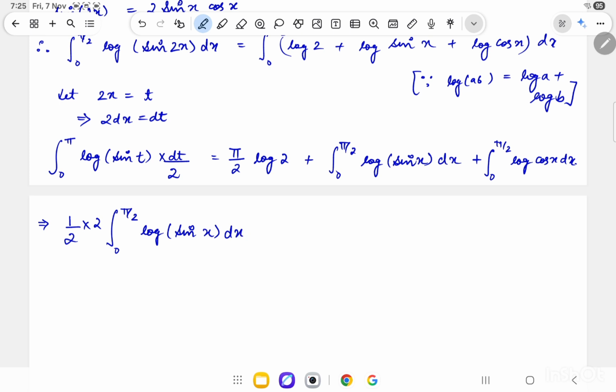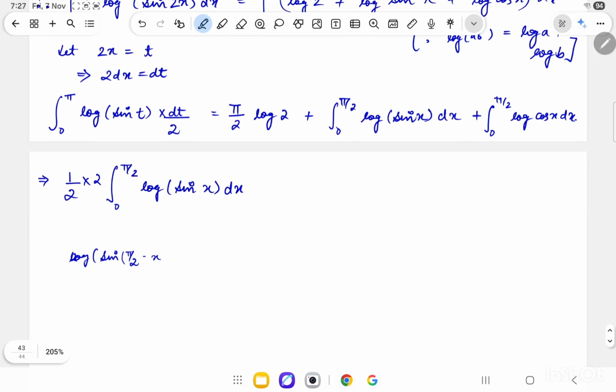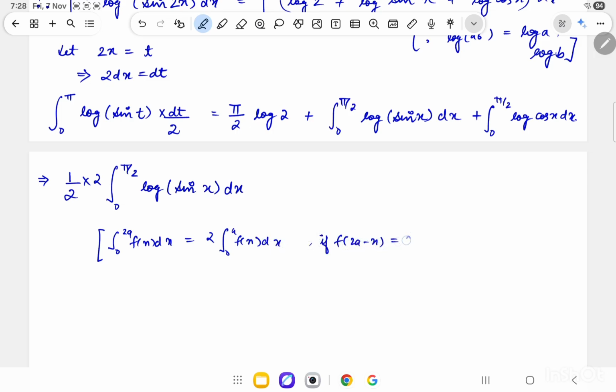I'm able to write it because we have a property of definite integrals that says the integral from 0 to 2a of f(x) dx is equal to 2 times the integral from 0 to a of f(x) dx if f(2a minus x) is equal to f(x), and it is 0 when f(2a minus x) is equal to minus f(x).